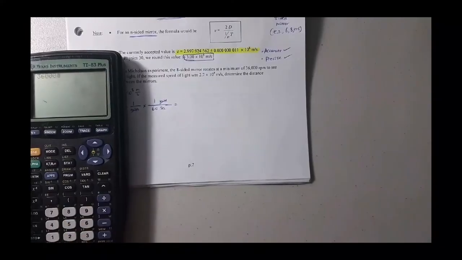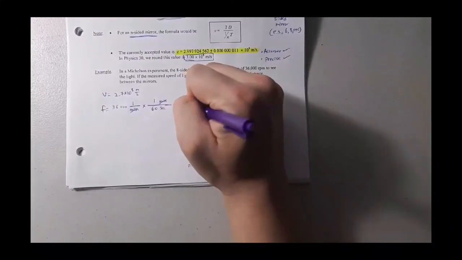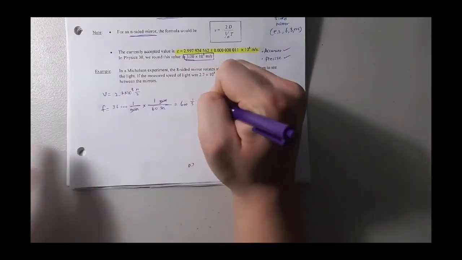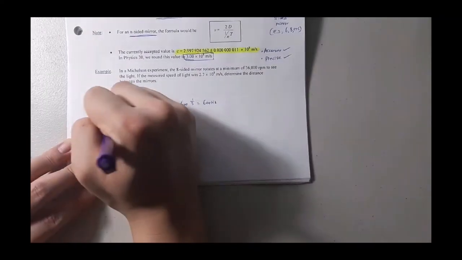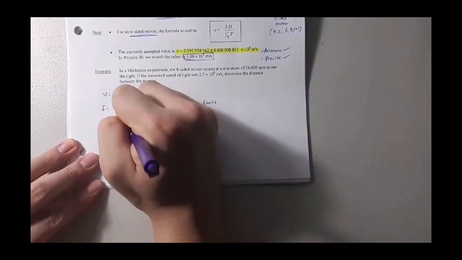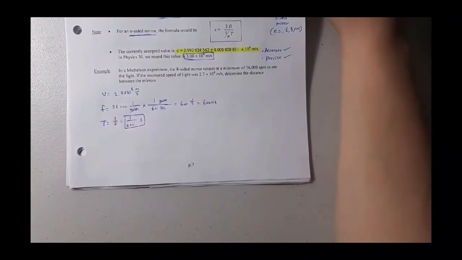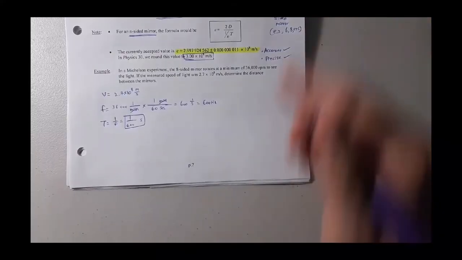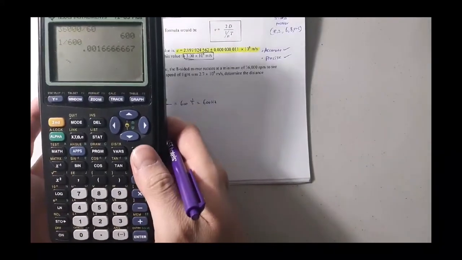So it is a fancy way of saying 36,000 divided by 60, that is equal to 600, 600 1 over second, or 600 hertz. Now that means big T is 1 over F, it's 1 over 600 second. Some people like to put that in a calculator, but I'm just going to use a fraction, because 1 over 600, as I thought, gives you a repeating decimal.